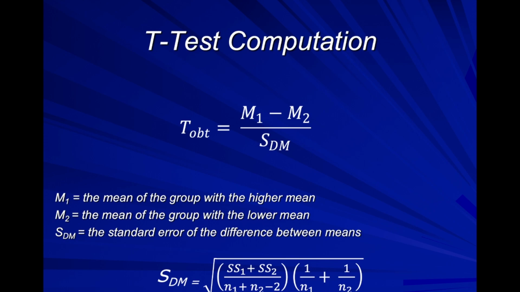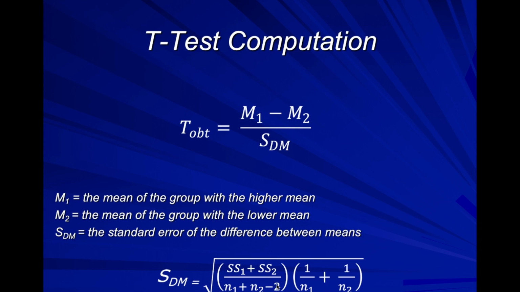This is the sample size of group 1, and this is the sample size of group 2. And so when you add the two together and subtract 2, this right here is your formula for degrees of freedom for the t-test. So you'll need to know this in the future. So n1 plus n2 minus 2 is the formula for the degrees of freedom.